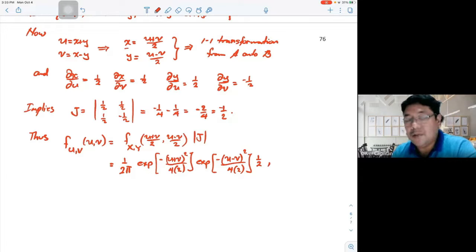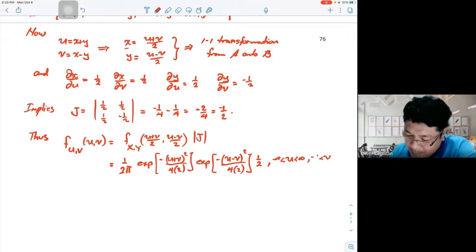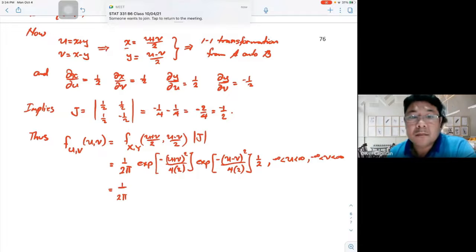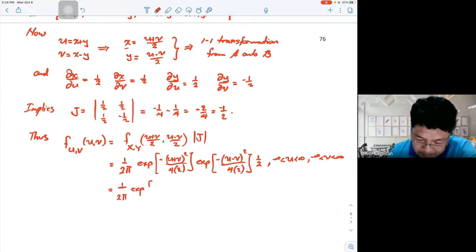Okay, so we are making a transformation from x, y to u, v. So our u here is from negative infinity to positive infinity, same thing with v. Then, expanding, we have negative (u square plus 2uv plus v square) over 4 times 2.